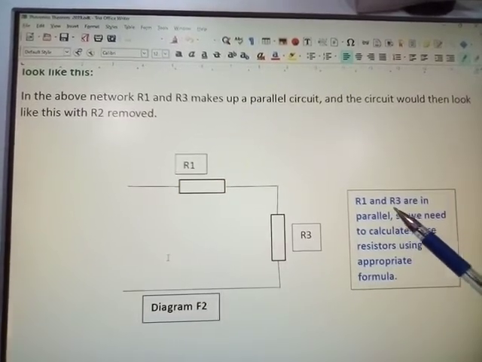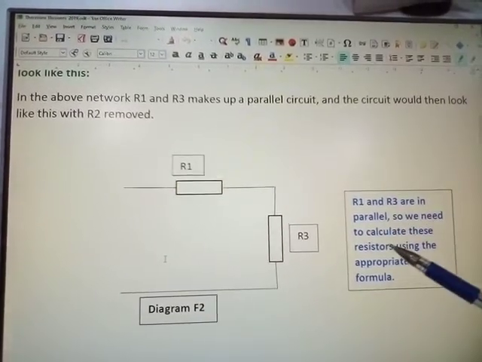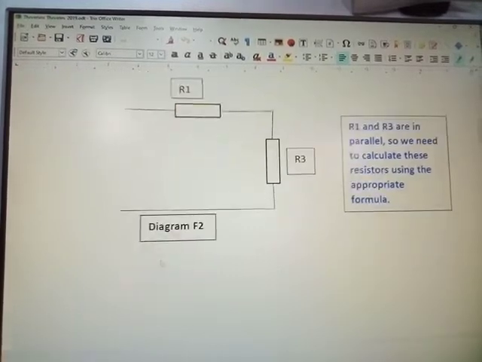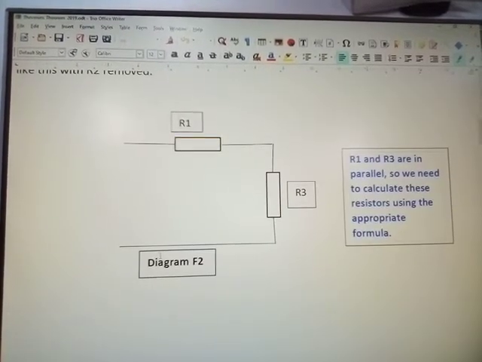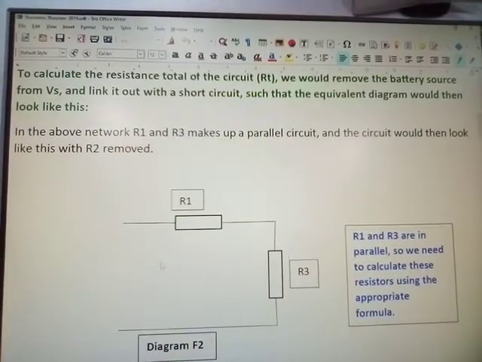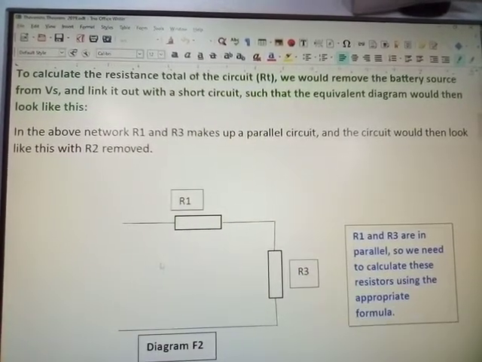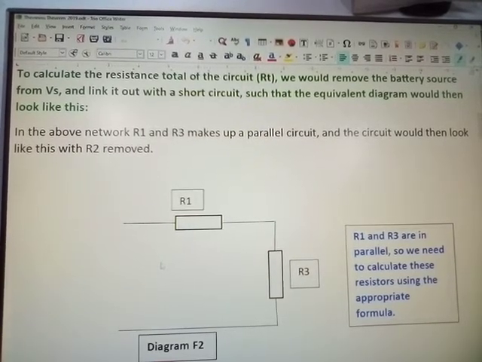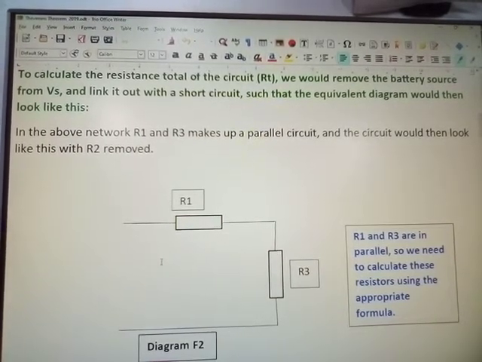Now R1 and R3 are in parallel, so we need to calculate these resistors using the appropriate formula. Something I've noticed now is that I did not give any values for R1, R2 or R3. I'm hoping that I've given some values later on, otherwise I'm in trouble.